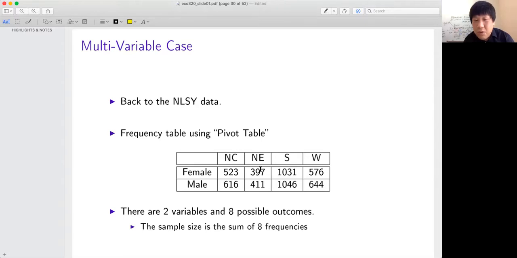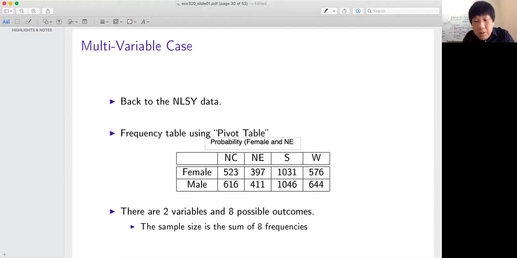How do you get the joint probability? For example, this one, this is something I'm going to show. Since I cannot type the intersection symbol, I'm going to use n, because n is the intersection: probability of female and Northeast.